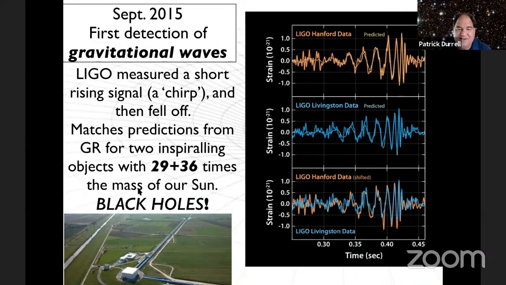How big are the waves? Roughly a pair of black holes, about 30 times the mass of the sun, located far, far away, not in our galaxy. Now, as you're going to hear, they're routinely discovering new black holes this way. Okay? This is one of the neat new things going on.